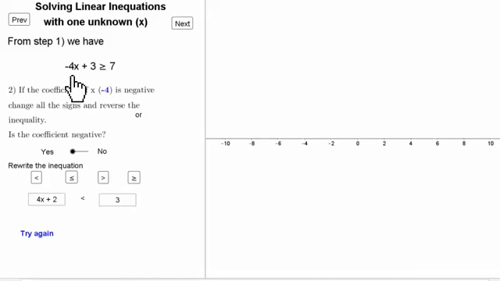Here we see that we've got from step 1. We now need to look at whether the coefficient of x, here negative 4, is negative. We indicate that by either going yes or no. And if it's yes, we rewrite the equation. So instead of negative 4x, we get positive 4x or 4x. The plus 3 becomes minus 3.